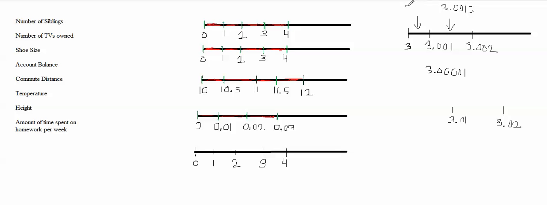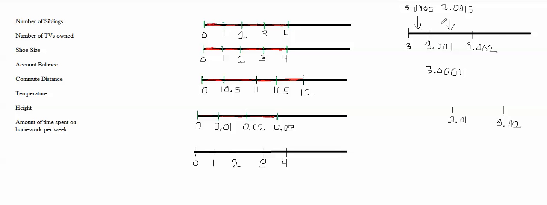And it could be 3.0078, which would fall in here. I think that would fall in there. Maybe 3.0005. That would fall in there.